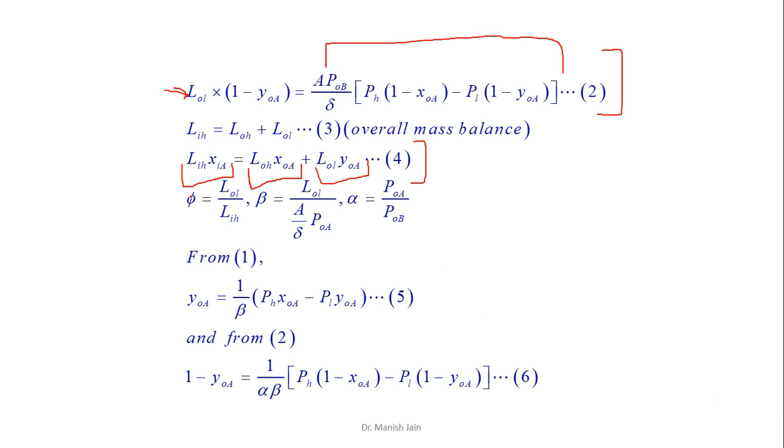Now we will define the stage cut. Stage cut is equal to the flow rate of the permeate stream, that is LOL, divided by the flow rate of the feed stream, that is LIH.